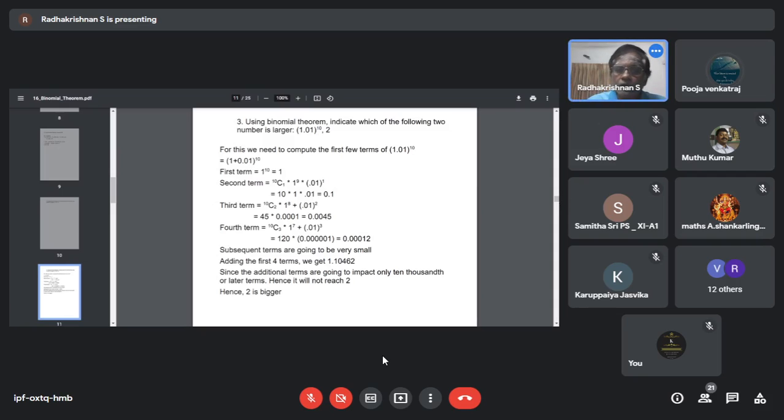So far we have 1 plus 0.1 plus 0.0045 plus 0.00012, which is only 1.10462. Beyond this only very small values come, so it's not going to reach 2. Right?